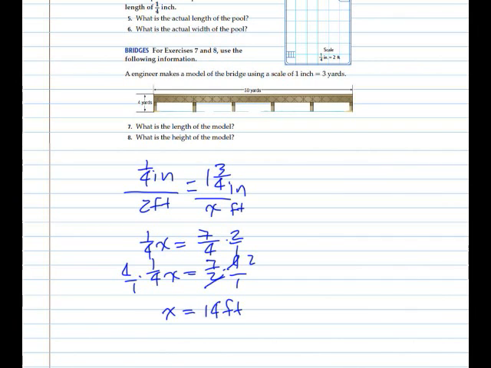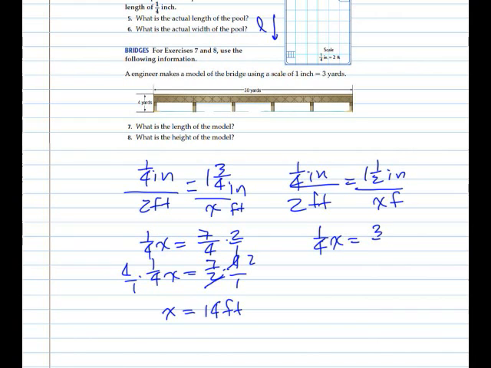That would be the length of our pool. The width, 1/4 inch to 2 feet. We have 1, 2, 3, 4, 5, 6 there, so that's 1 1/2 inches instead of 1 3/4 over x feet.